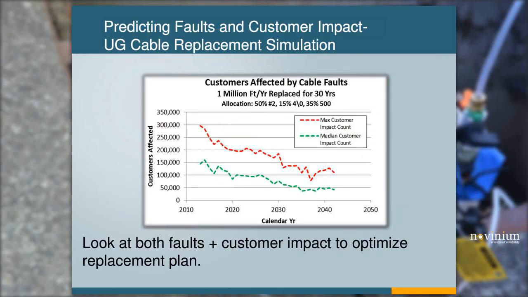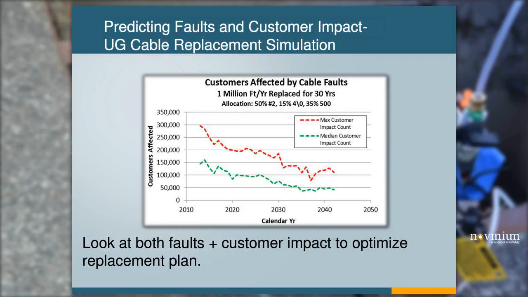Once we do that, we look at what our customer effects would be. And in this example, the scenario is we're going to replace 1 million feet over 30 years with allocations that you see there, 50% for number 2, 15% on 4/0, and 35% for 500. And we see a max and a median customer impact.